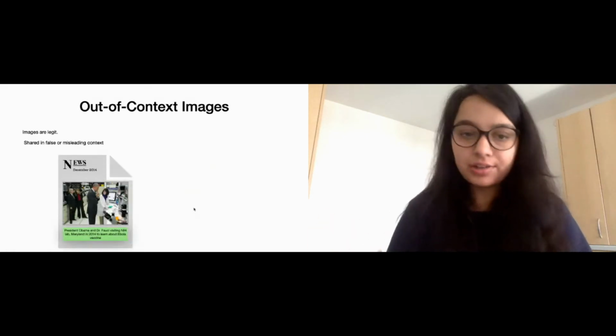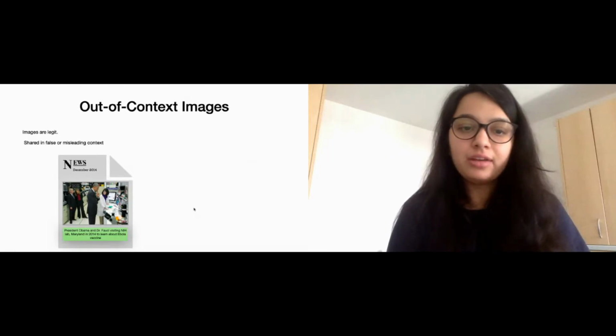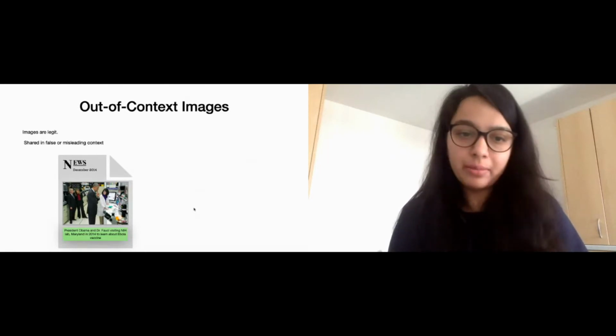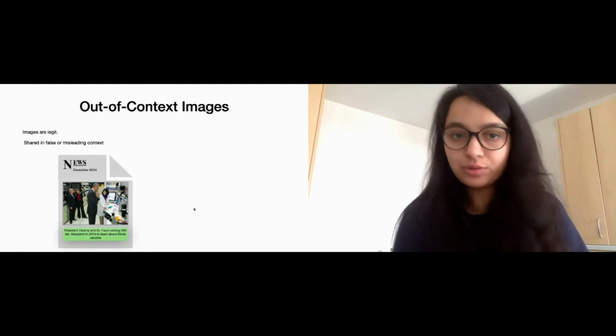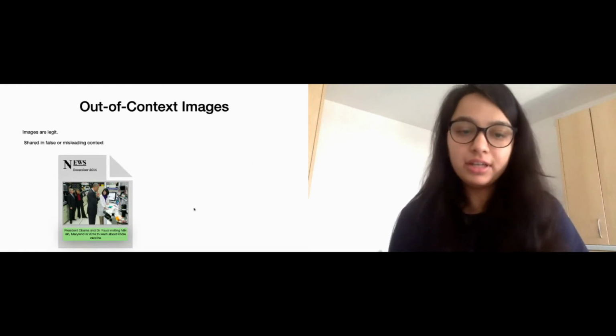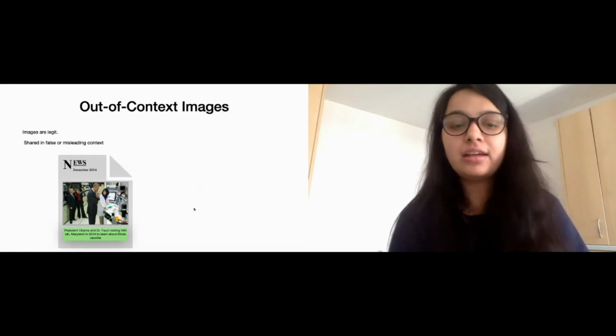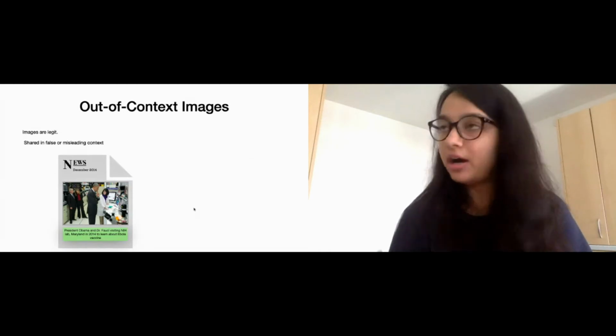Here is another example, where you see an image of Obama. This is an image from 2014 where he was in Maryland to learn about the Ebola vaccine.